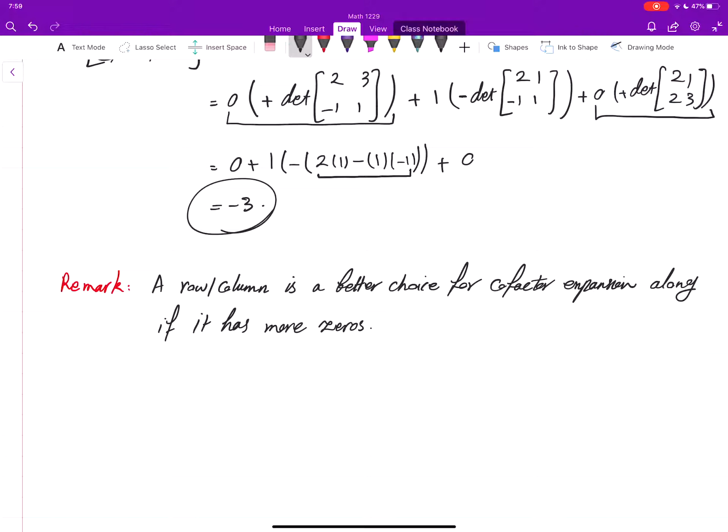So if you have a matrix, you look first for a row or column which has more zeros, then use the cofactor expansion along that row or column. Why? Because you will need less computations.